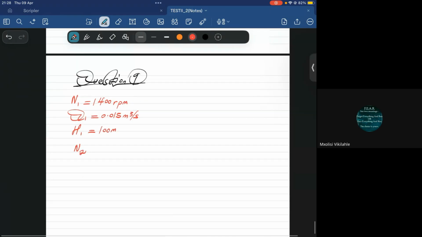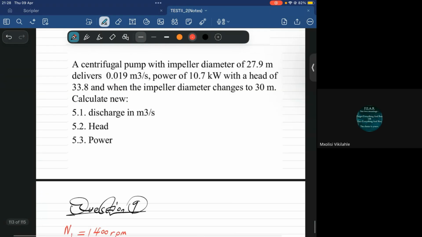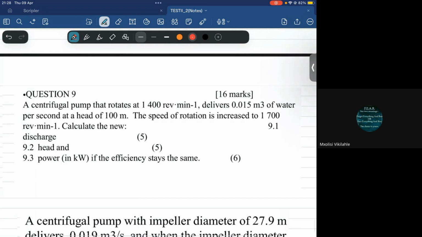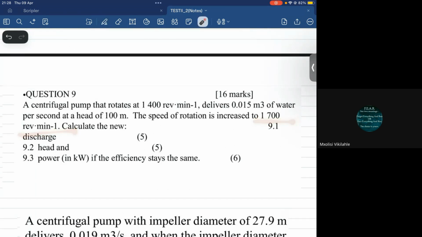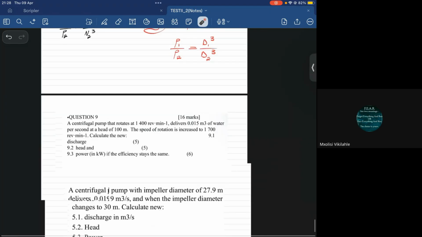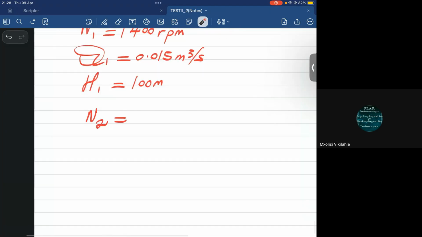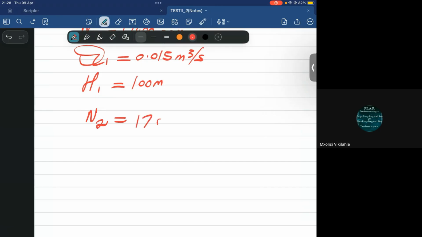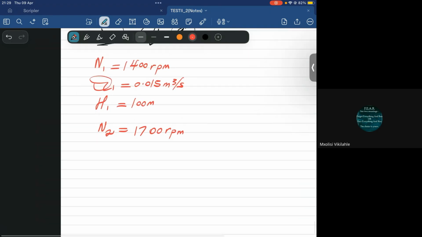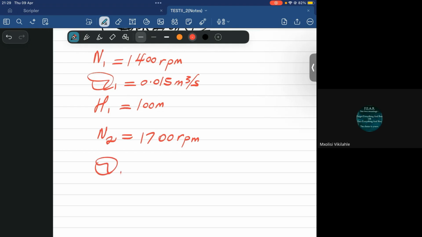If the speed is increased to 1,700 revolutions per minute, then we must calculate the new characteristics of this pump. So what is the volumetric flow rate 2, head 2, and power 2?